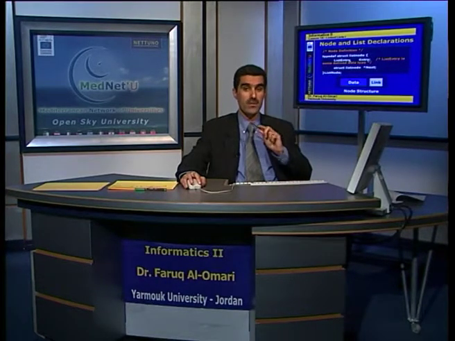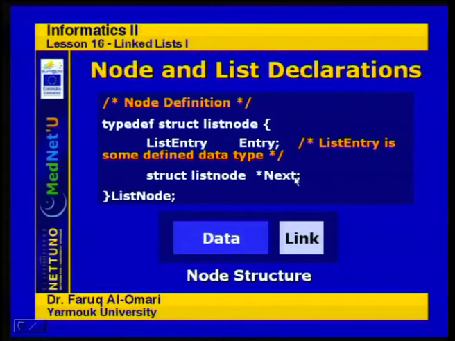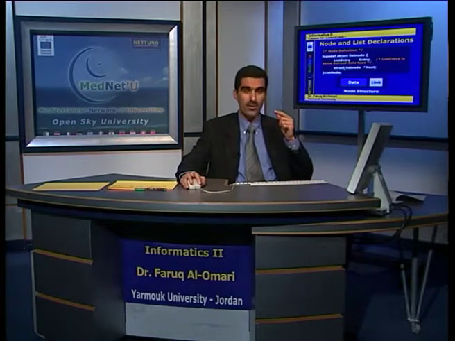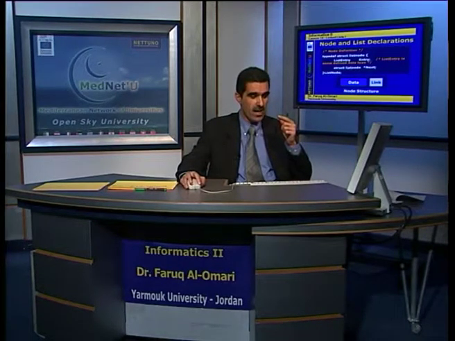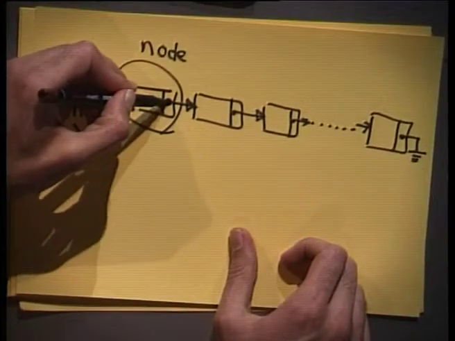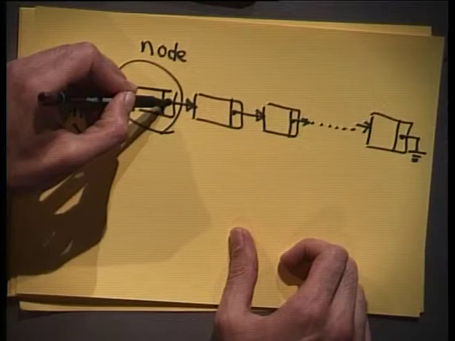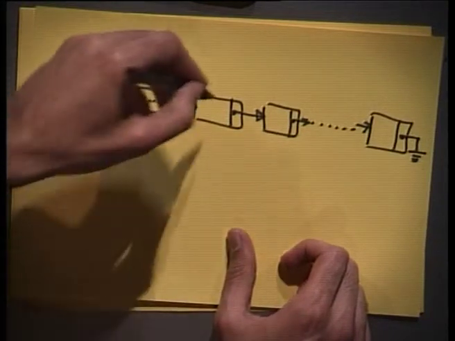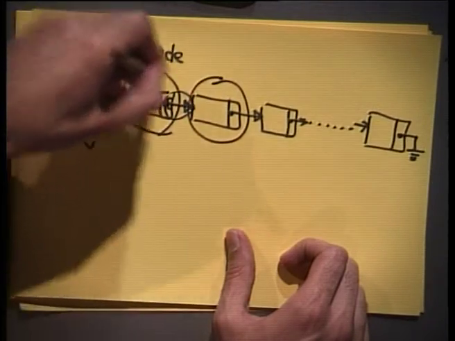What's important and what's new in here is this one. In here I'm defining next of type pointer of this type, the same as this. So inside the node, I'm defining a pointer of the same type as the node itself. Because, as I said, at the very end of every node, I should have a pointer that's going to point to another node, a node just like this one.